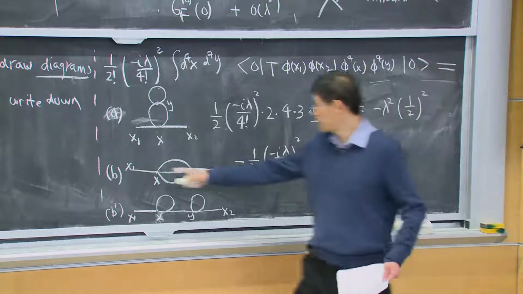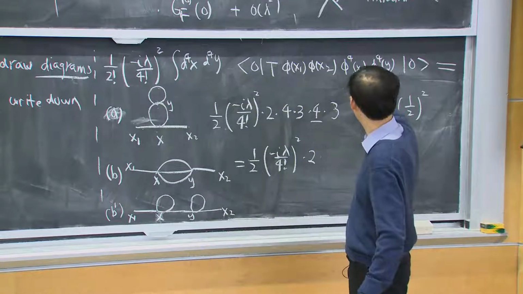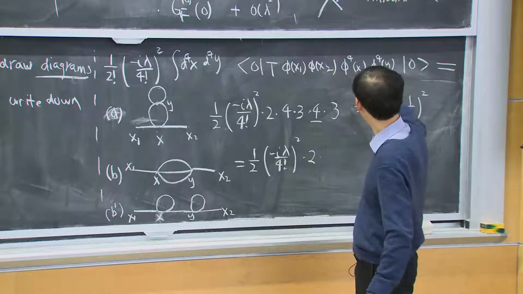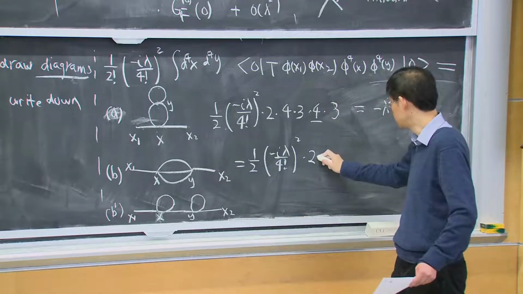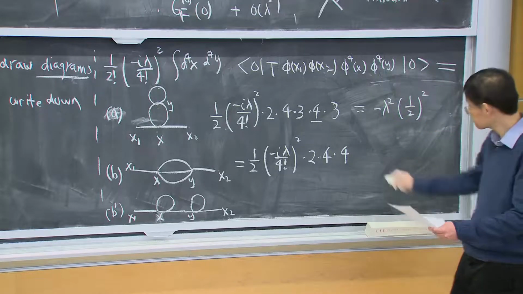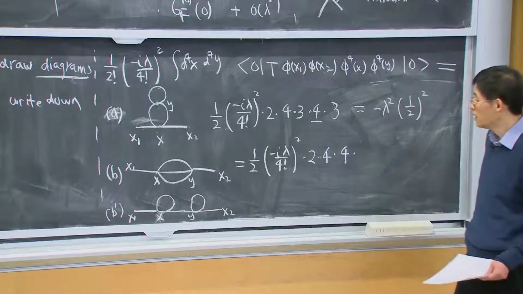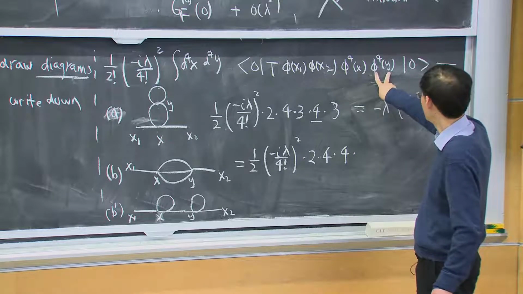Then x1 has 4 opportunities to connect with the 4 of x, and x2 has 4 possibilities to connect with the 4 of y, because x2 connects with y. So I have the factors 4 and 4. After that, phi x has 3 left, and phi y has 3 left.